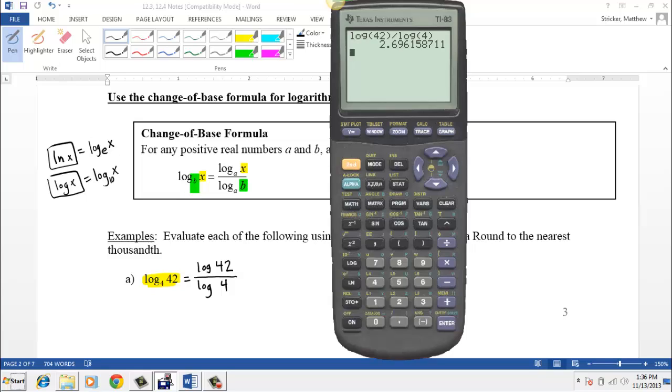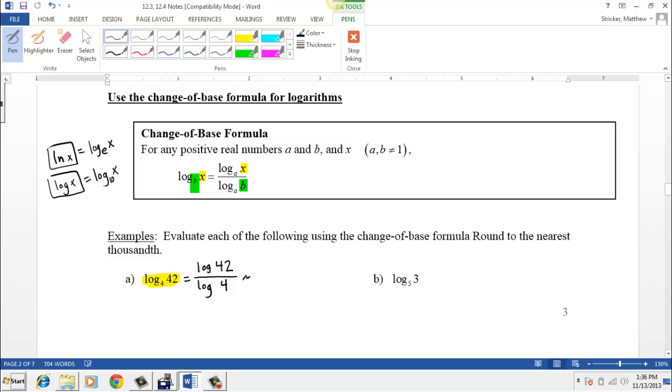And just to show you, I could also do this with natural log. You're going to get the same answer. ln of 42 divided by ln of 4 will also give us the same answer. So we get approximately 2.696.